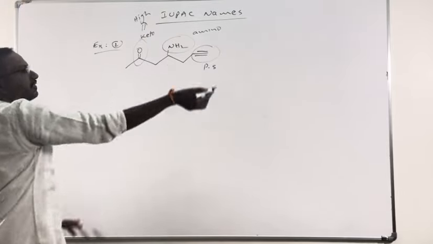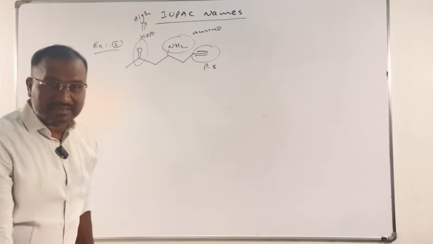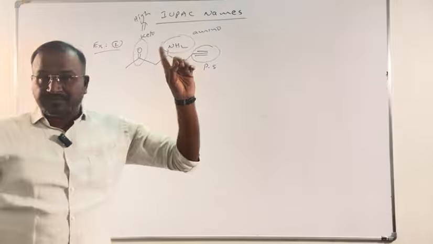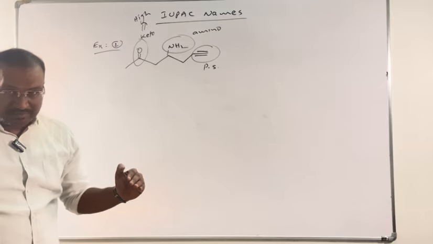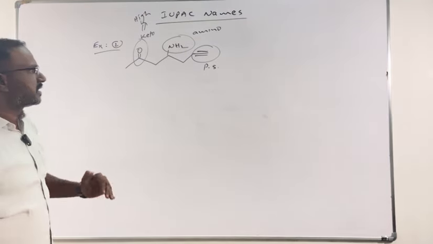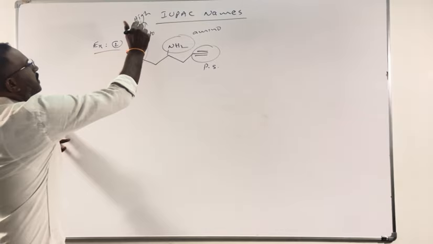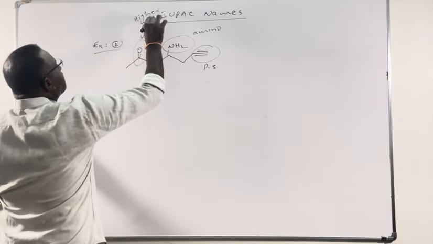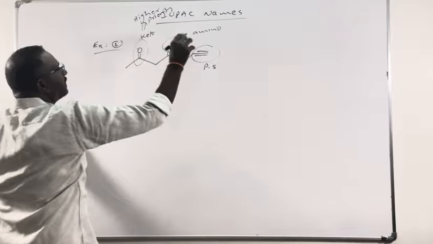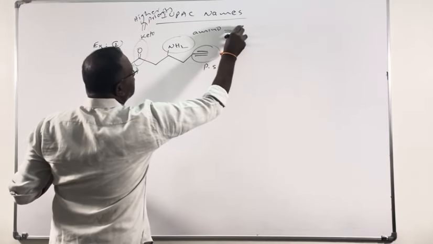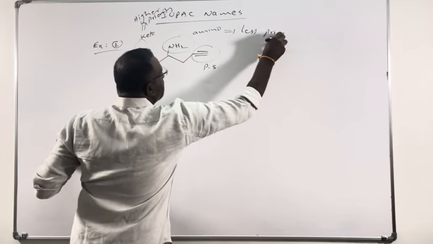Yesterday, in the previous class, in the previous video, we wrote the order of priorities. The highest priority is for carboxylic acid, the second highest priority is for sulfonic acid, and next to that esters and so on. Between amino and keto, keto will get higher priority, and amino will get less priority.